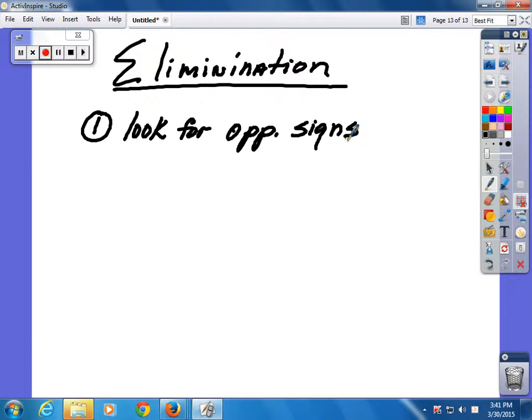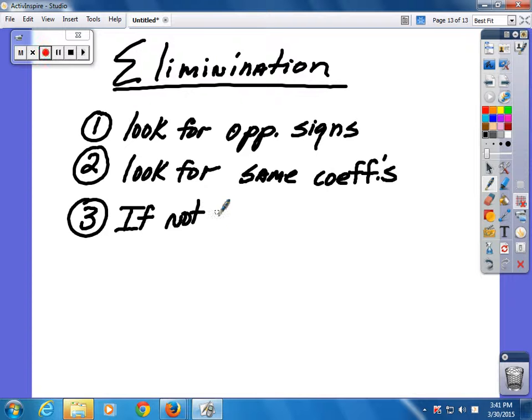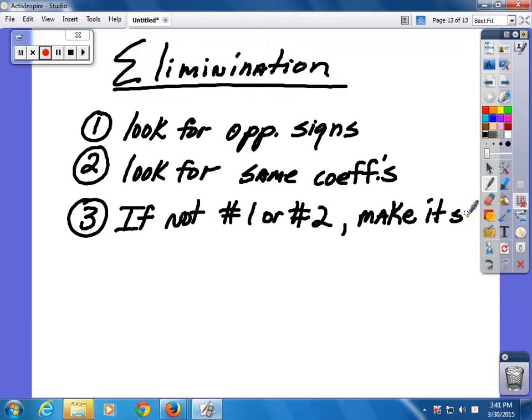These are Huberisms. 2, look for same coefficients. 3, if not numbers 1 or 2, make it so. Captain Picard with the car this up. Make it so. So, let's take this example.